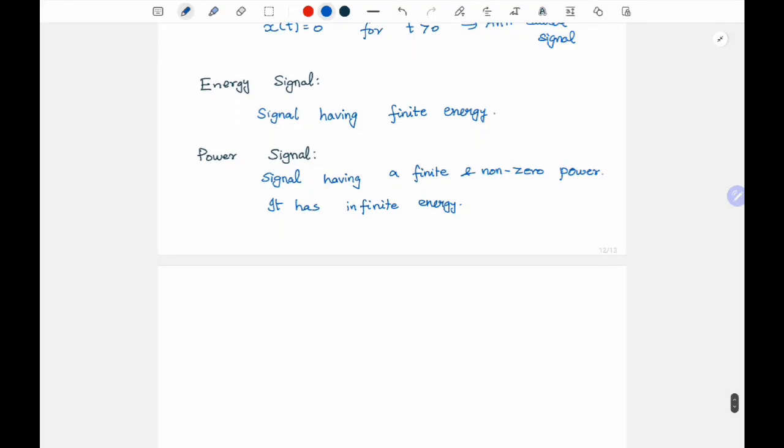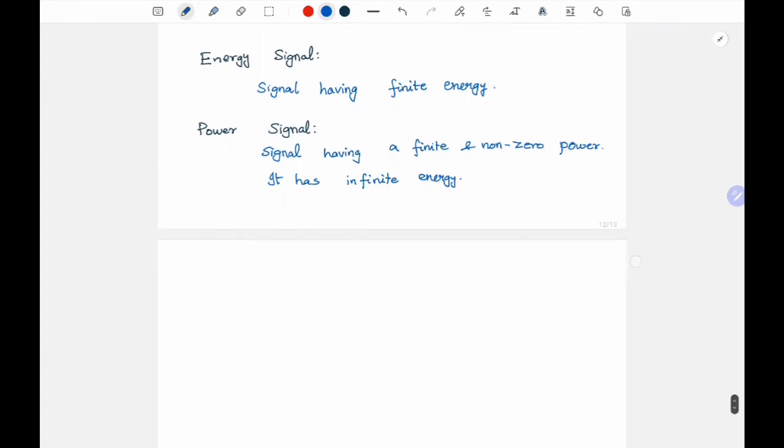Right? But in practice, you cannot have infinite energy. So this is just for the mathematical definition's sake. For example, if you have a sinusoid, you can see it has infinite energy and finite power. So it is a power signal. But in reality, you cannot actually generate an everlasting sinusoid, right?